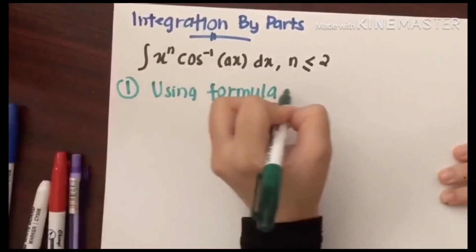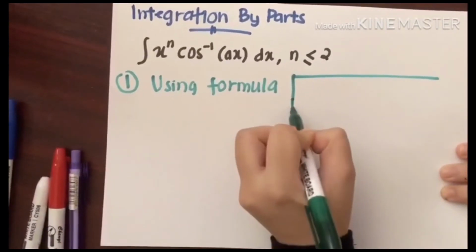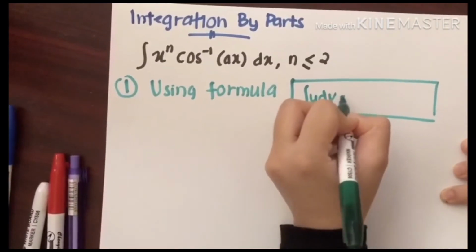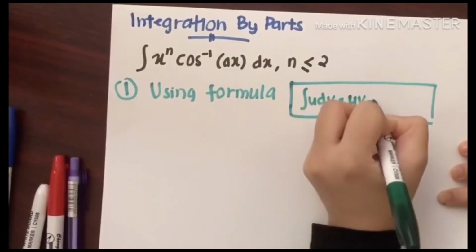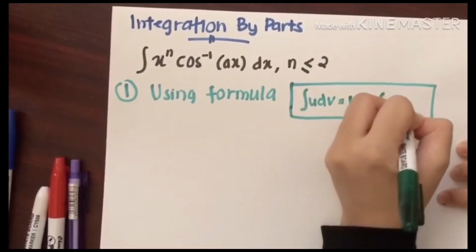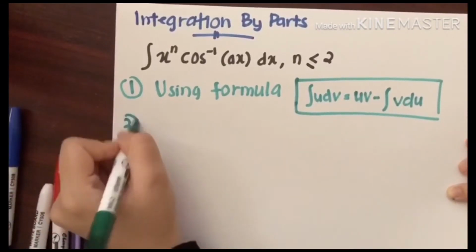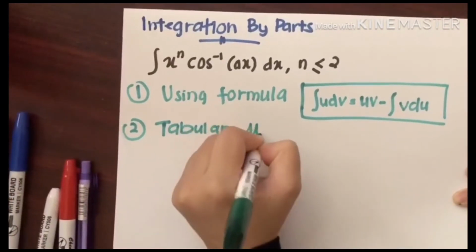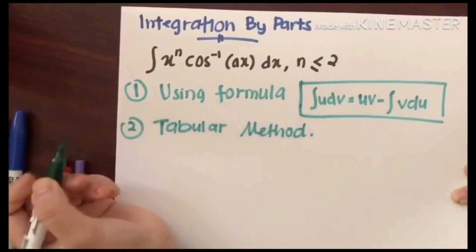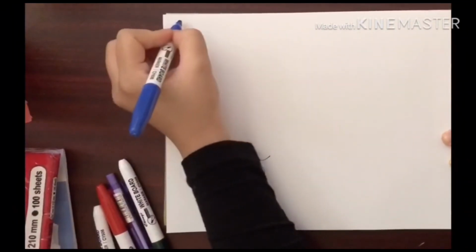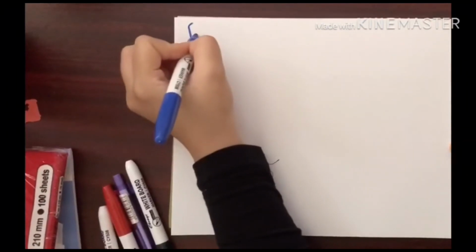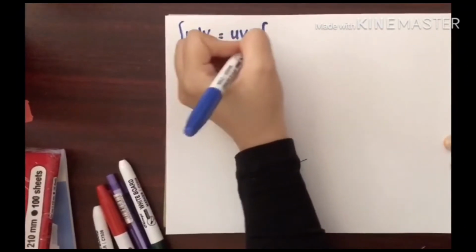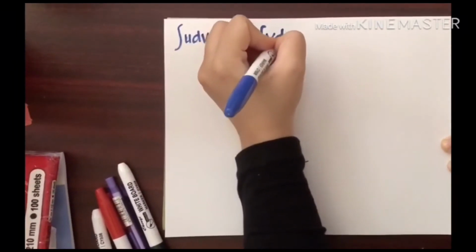The formula is integral u dv equal to uv minus integral v du.